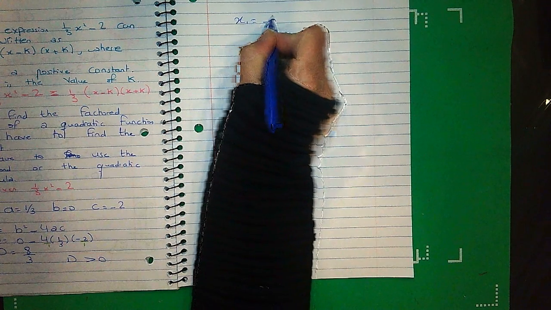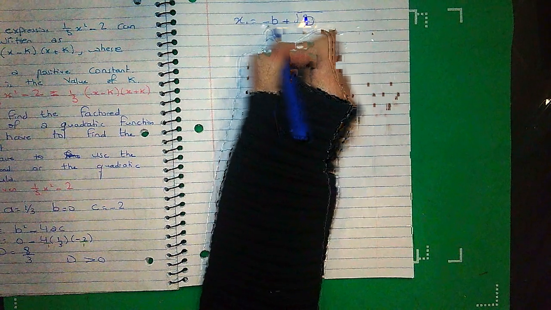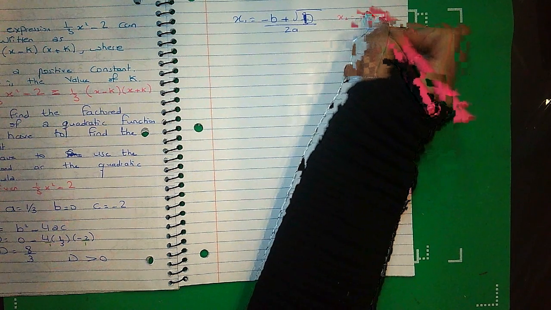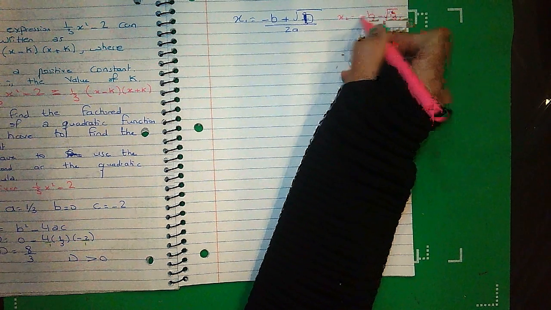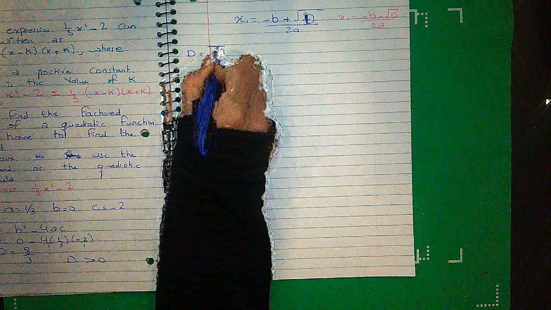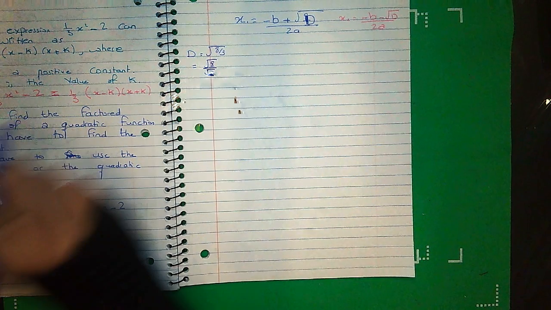Now let's find the x's. So x1 is negative b plus the square root of the discriminant over 2a. And then we have x2, which is negative b minus the square root of the discriminant over 2a. Now, the square root of 8 over 3 is the same as square root of 8 over square root of 3.